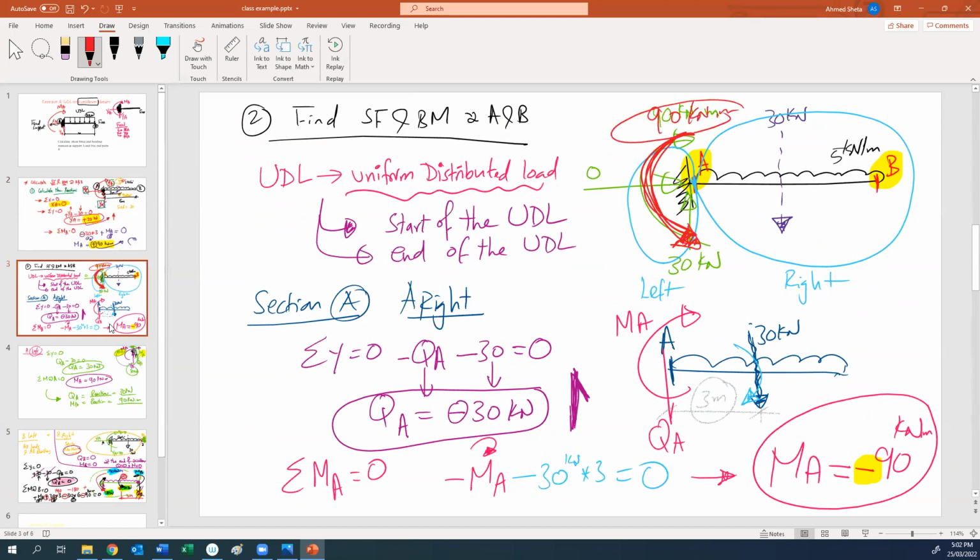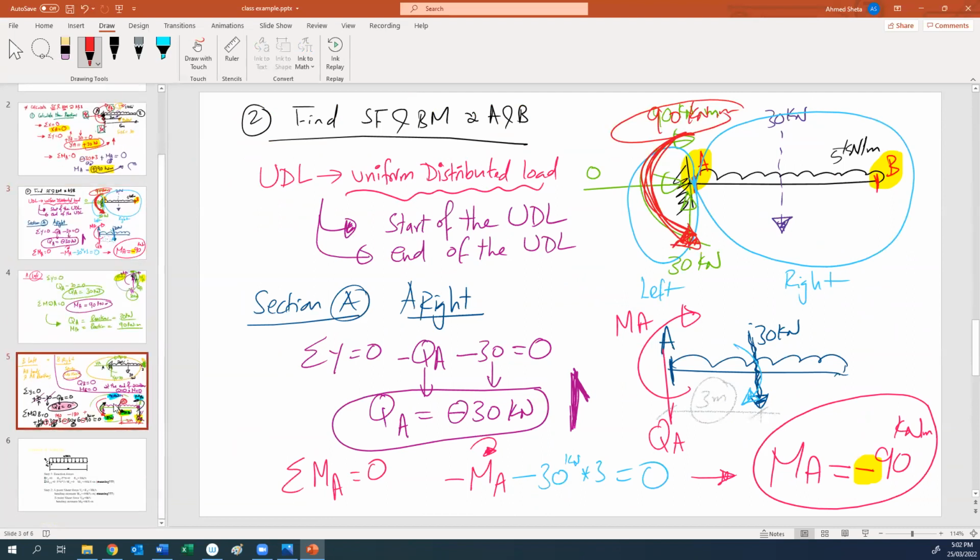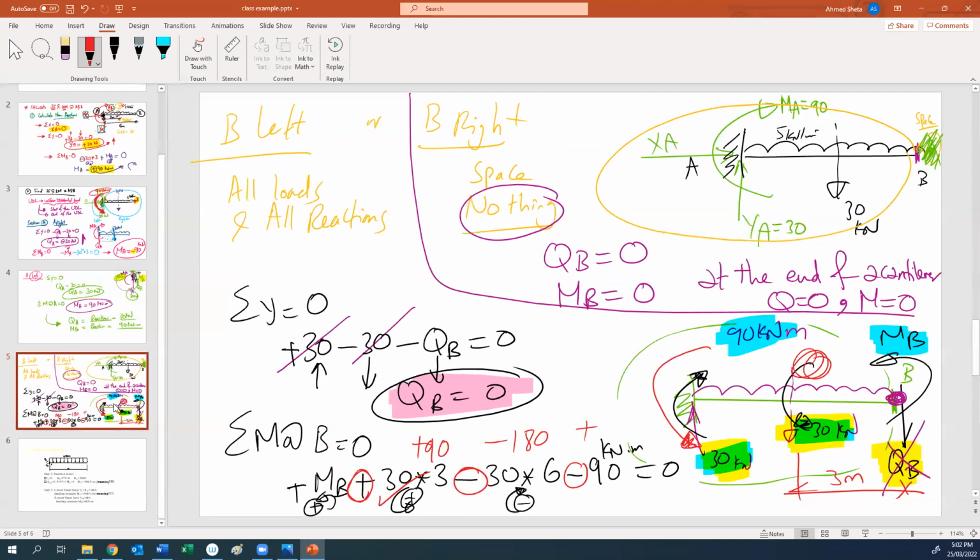So just to correct the small mistake here, this is the direction of the moment, 90 kilonewton meter, and this is the direction here, 90 kilonewton meter. So this one, 90, will be positive as well because it is anti-clockwise. So you will have plus 90 minus 180 plus 90. They cancel each other, so the moment at B is 0.